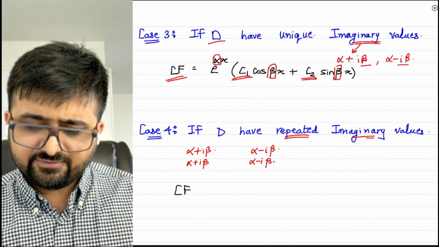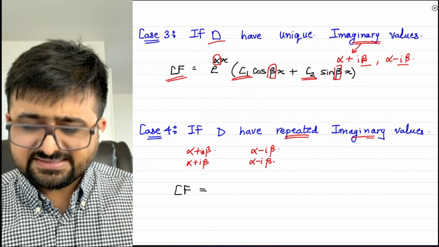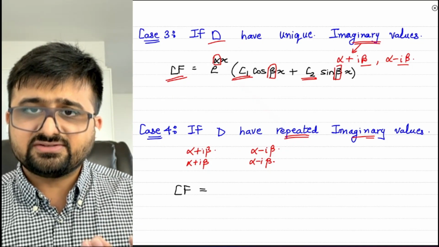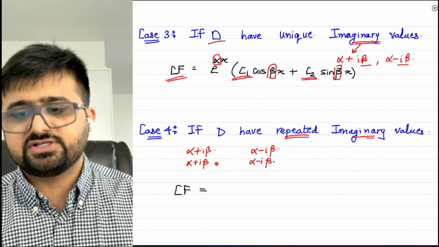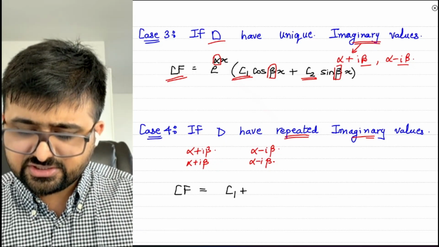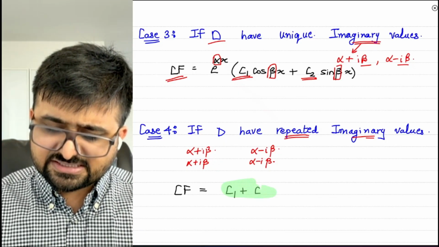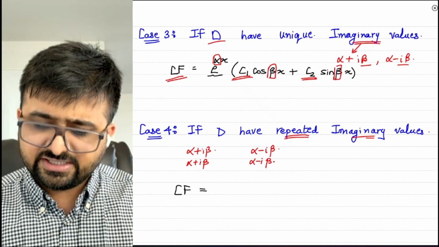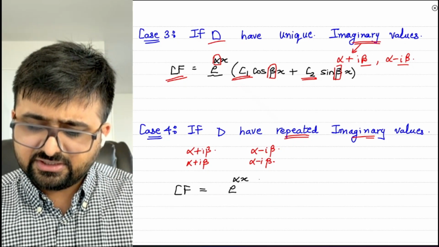Since those values are repeating twice, I will write a linear function, just like in case of real rational values. So I'll start with the same e to the power alpha x.